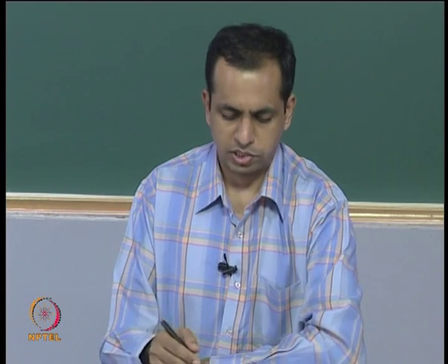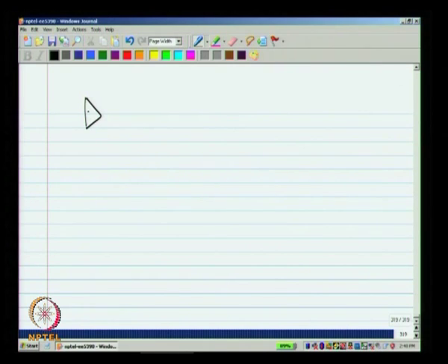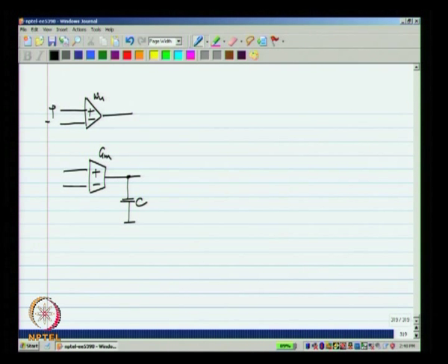Now, how did we make our single ended op amp? With a certain unity gain frequency omega u, we used a transconductance or a voltage controlled current source GM and passed its output current through a capacitor C. Okay.